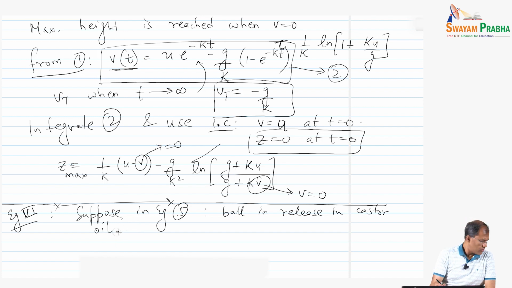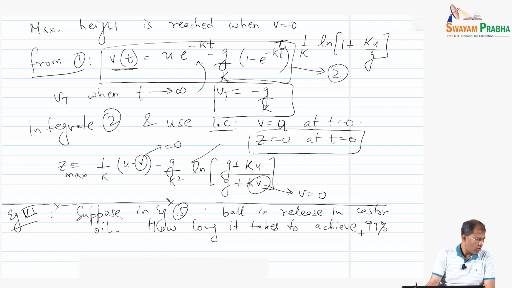Then the question is how long it takes to achieve 99% of its terminal speed, right? That is the problem. Notice that the expression for the velocity has an exponential.